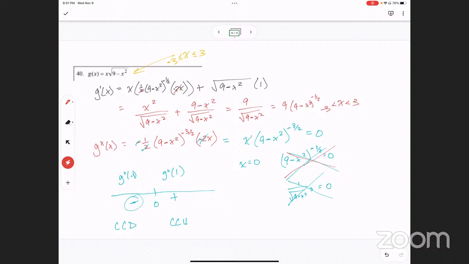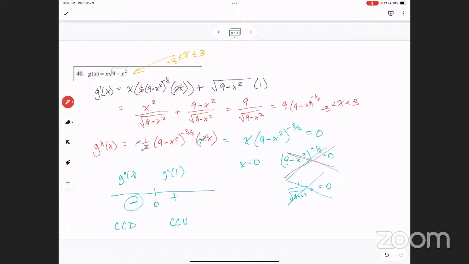Let's go back and see. I might have missed something up here. The derivative of this was x times 1/2 (9 minus x squared) to the -1/2, and then multiply it by -2x, plus, that's right, 9 minus x squared times 1, that's right. So when I simplified that, that's where I made the mistake.